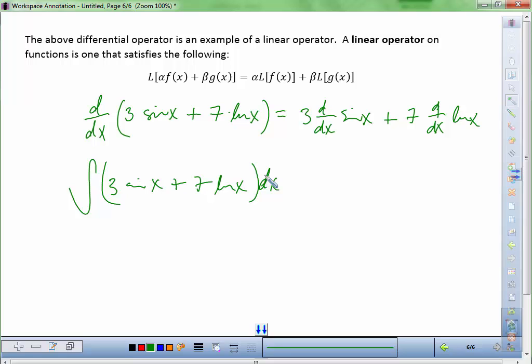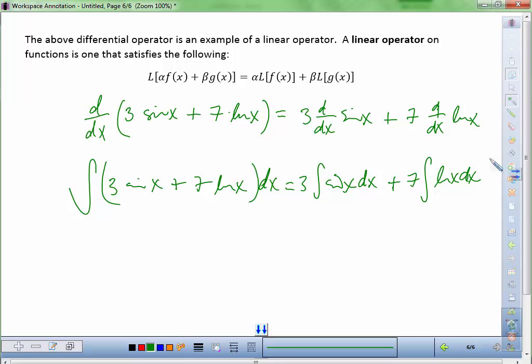If you're adding and subtracting, then you would want to split that up into 2 integrals. And what's the first thing you think of when you have a constant inside of the integral? Take it out, right? So that's exactly what is happening. 3 integral of sine x dx plus 7 integral of ln x dx. It's a linear operator. Derivatives and integrals are examples of linear operators.